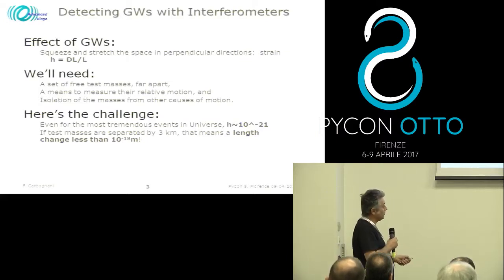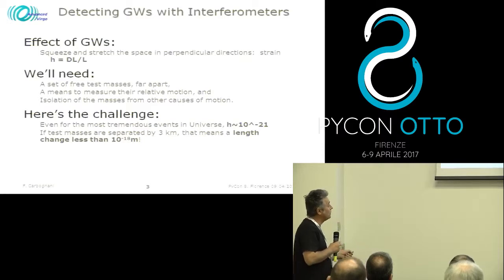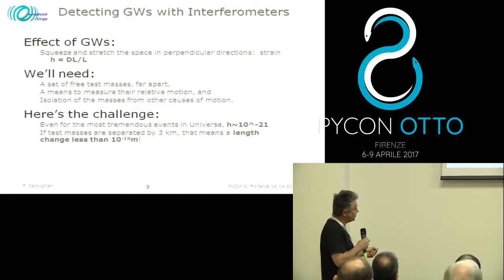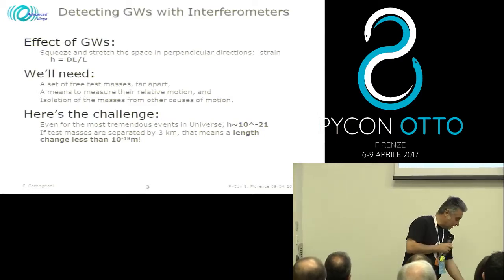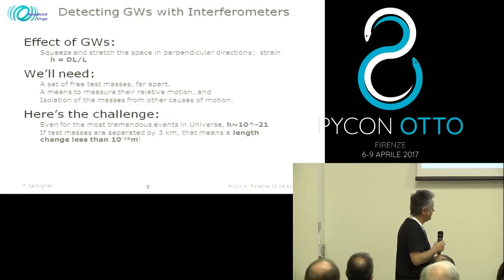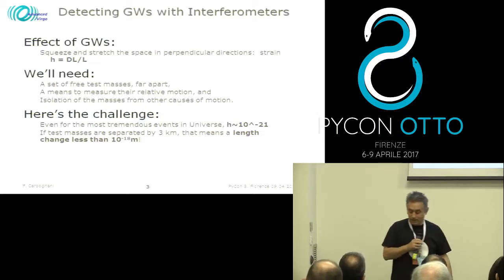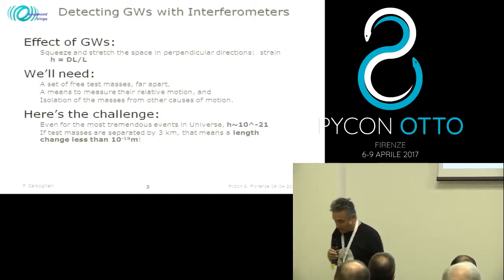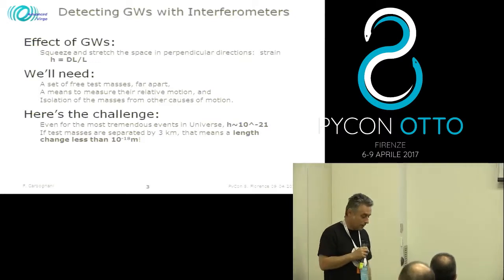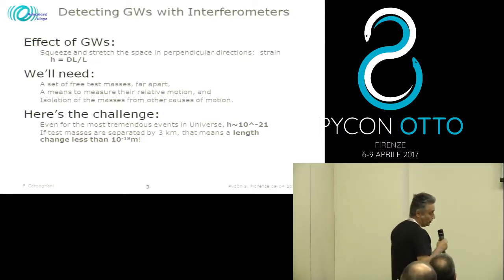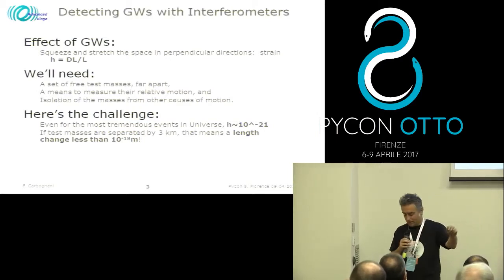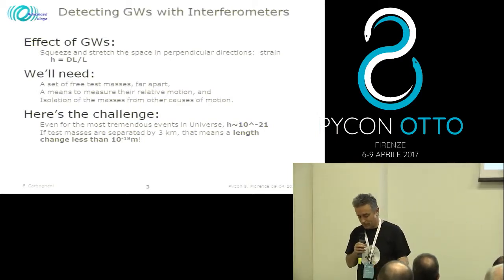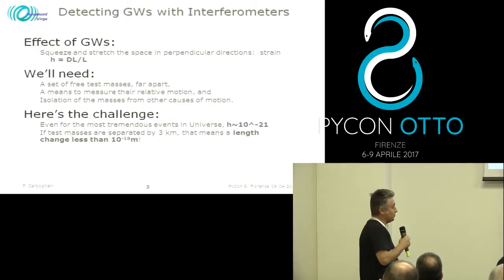It means that you want to be able to look at a change in length at the 10 to the minus 18. If you want to compare, it is like looking at the variation of the distance between here and the sun. The variation we are looking for is of the size of a proton. So that's what we're trying to do.